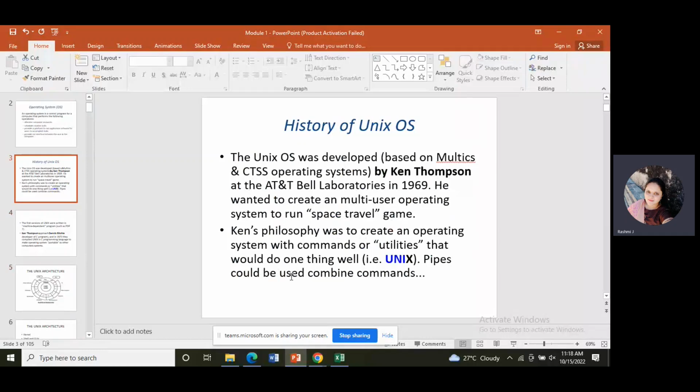And again, Microsoft released a new operating system called Windows, which used a GUI. GUI means graphical user interface. What is a graphical user interface? We communicate with Windows through icons.